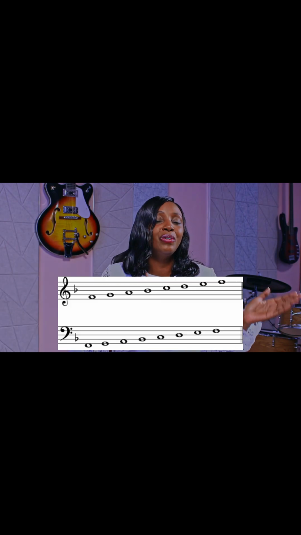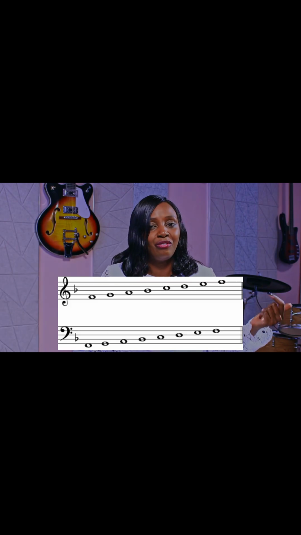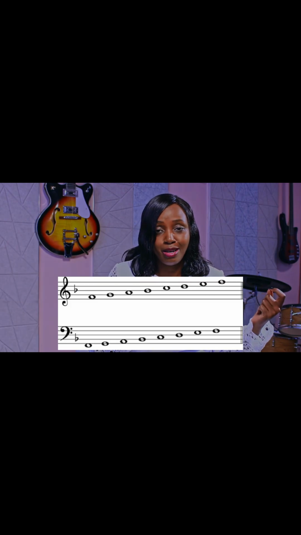That is because the interval between A and B is supposed to be a semitone, all right? And so what do you do? You have to flatten the B now to make it a semitone. That is why it is a B flat and not A sharp. So this is how it is going to look on the stave, the scale of F major.